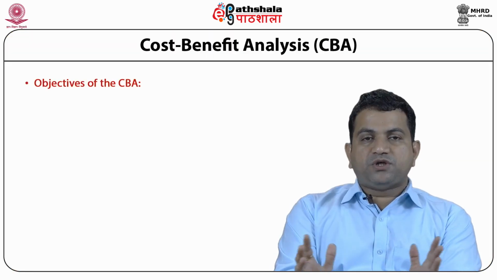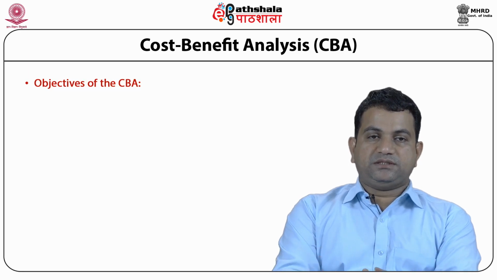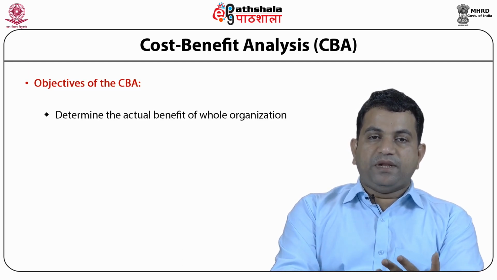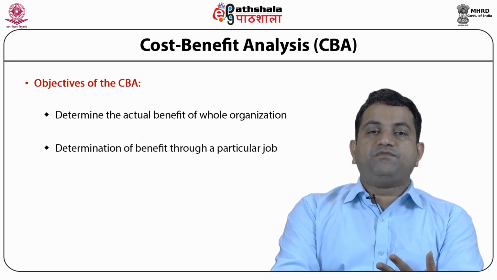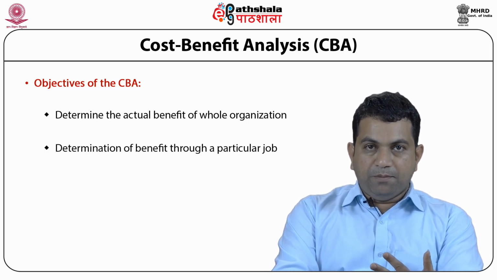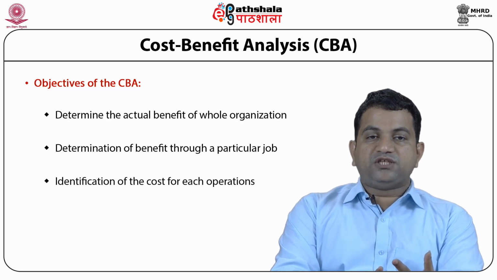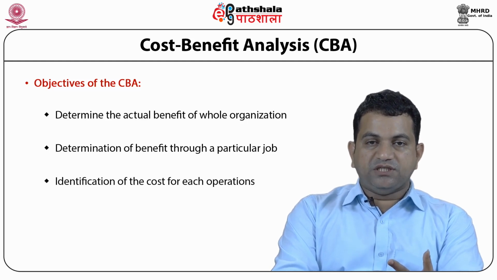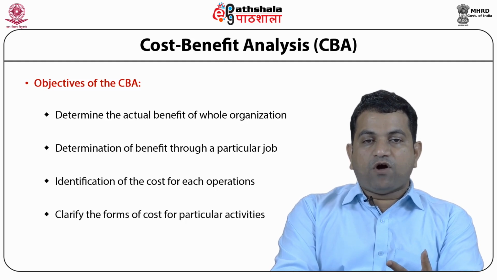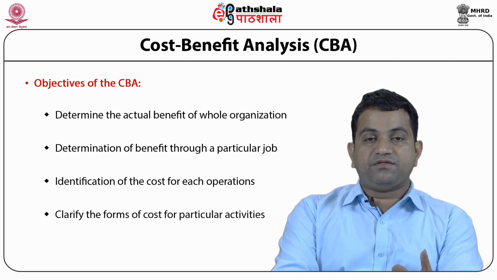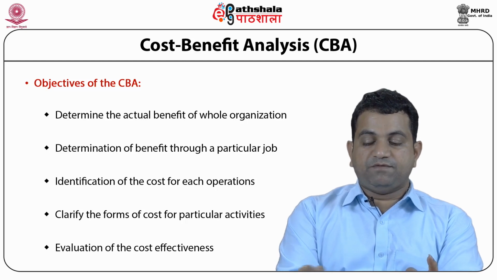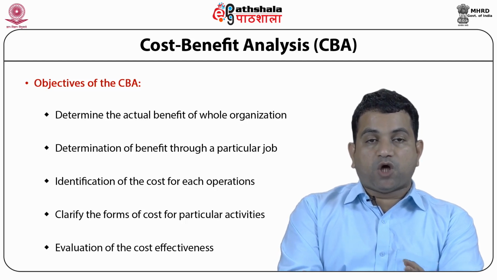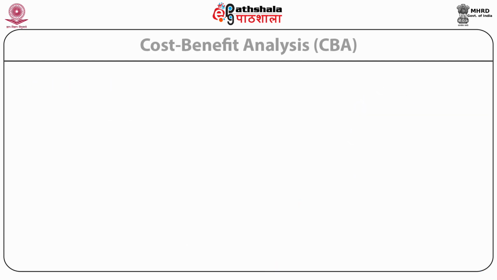What are the objectives of cost benefit analysis? Determine the actual benefit of a whole organization, determination of benefit through a particular job, identification of the cost for each operation, clarification of the forms of cost for particular activities, and evaluation of the cost effectiveness. So these are some of the basic objectives of cost benefit analysis.